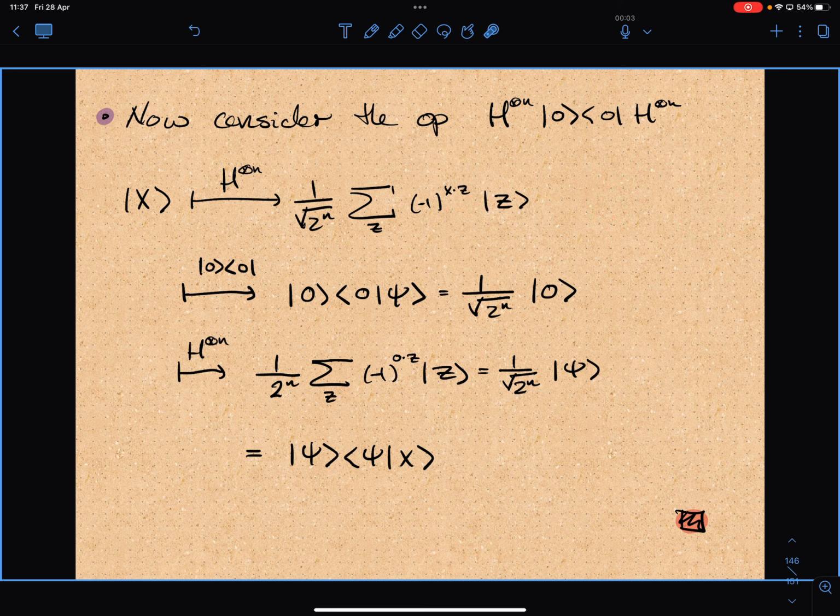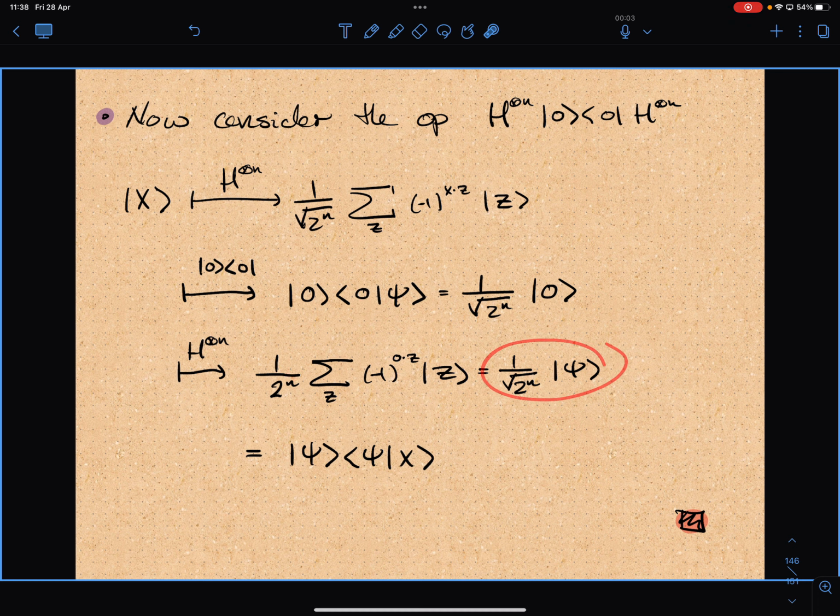So this dot product is going to give me this 1 over square root of 2 to the n, by the same reasons as the other case, times the 0 vector. Then I apply the tensor product of the Hadamard gate again, which is this action, but now x is equal to 0. So I have minus 1 to the 0 dot z, meaning that this is equal to 1 for all the cases, and then I have this square root of 2 to the n.